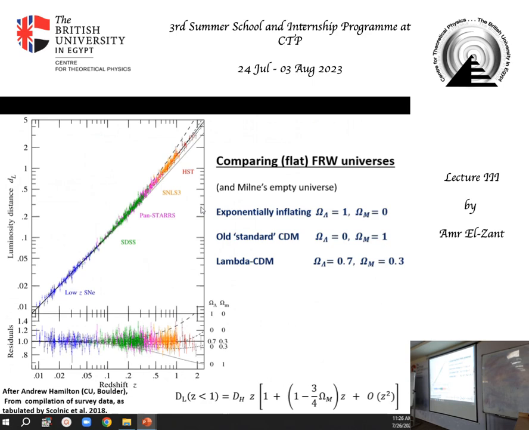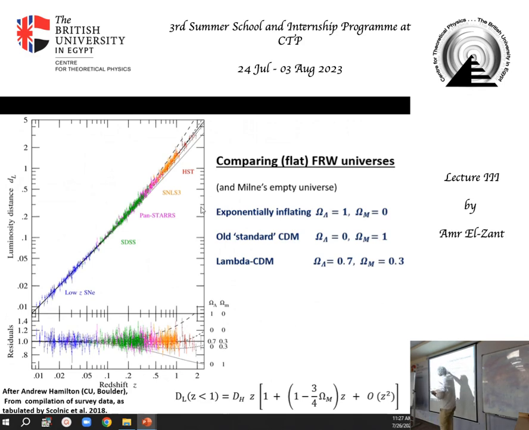That's what used to be called the standard CDM, up to year 2000, say. But in the last 23 years, in your time, it's not called standard anymore. This is called standard. Why? Because this one doesn't fit. This is almost linear, like we said.